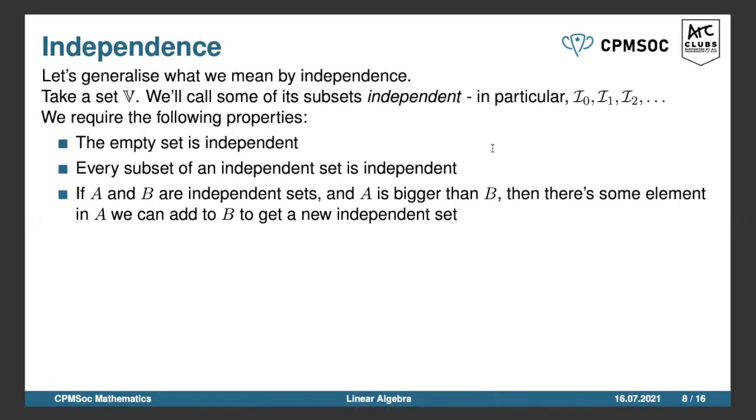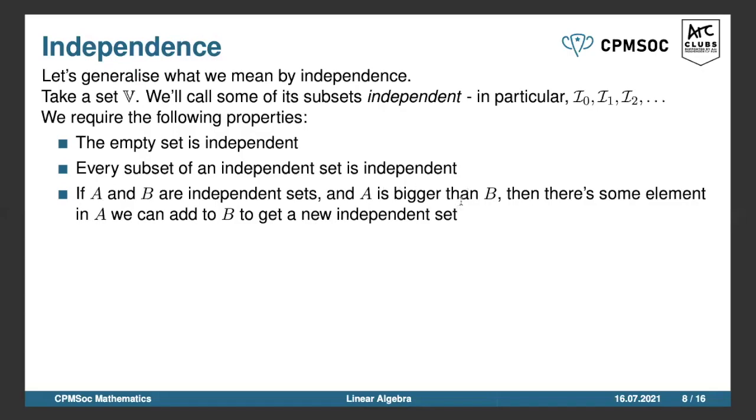And so we also require this exchange property. What we mean by the exchange property is we have this big set A of independent vectors and this smaller set B of independent vectors. Because there's some number n of different directions in the vector space, B has less than n directions, certainly, because it's smaller than A. And so if B has less than n, it's pointing in less than n different directions.